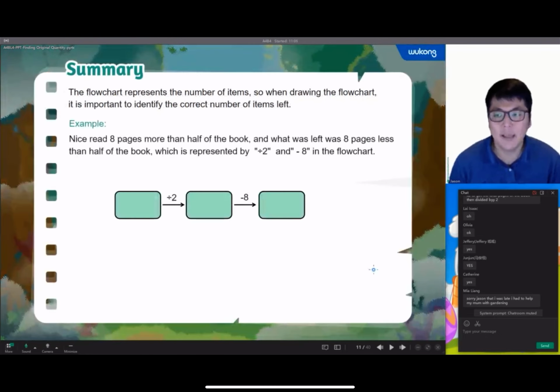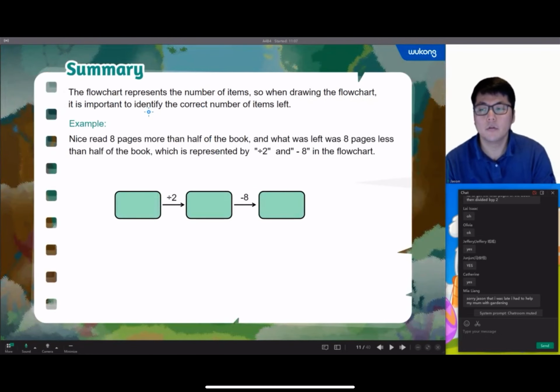Alright, so now, guys, remember, the flowchart represents a number of items. So when drawing the flowchart, it is very important to identify the correct number of items left. Now remember, it's always items left, guys.